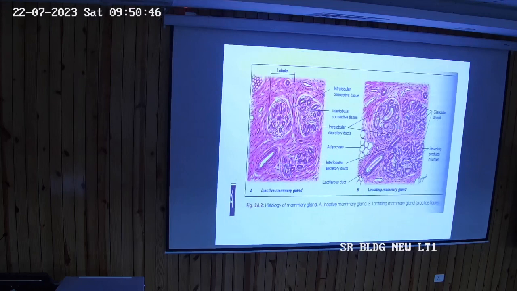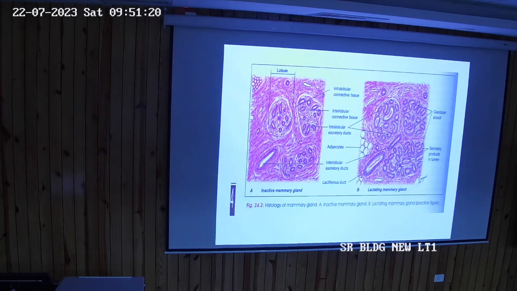Then I come to the mammary glands. The mammary glands are a pair of apocrine glands, and each gland has 15 to 20 lobes. In each lobe there are ducts and glandular alveoli, which secrete the milk.